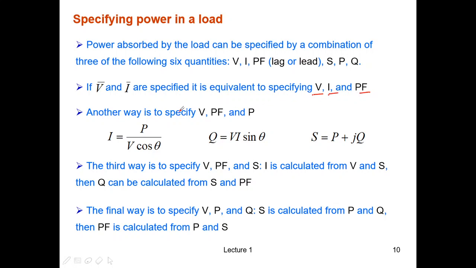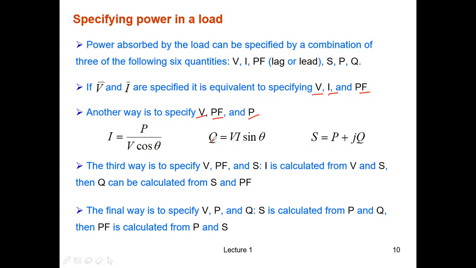Another way is to give us the voltage, the power factor, and the power. This is normally a load. Our job is to calculate the remaining 3 parameters. The current will be calculated by the first expression, power divided by voltage times power factor.